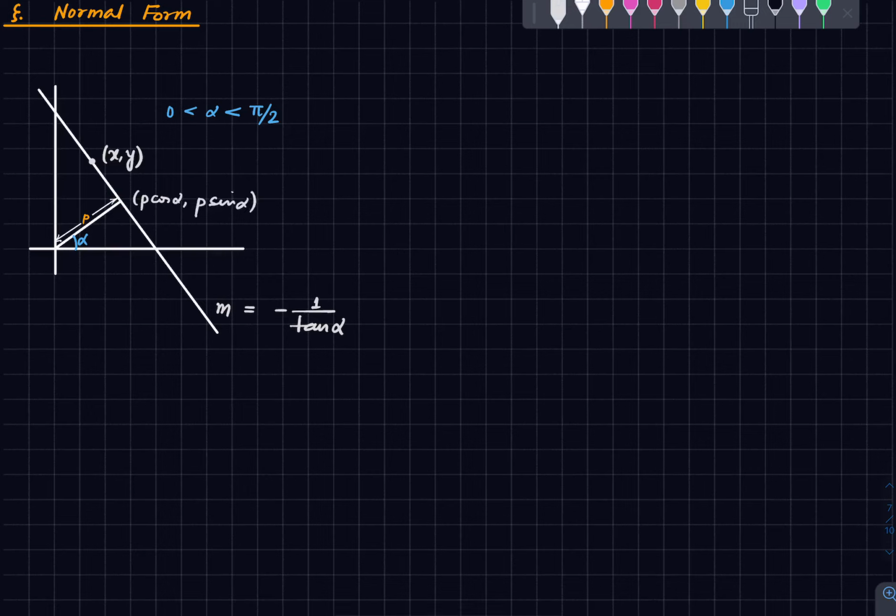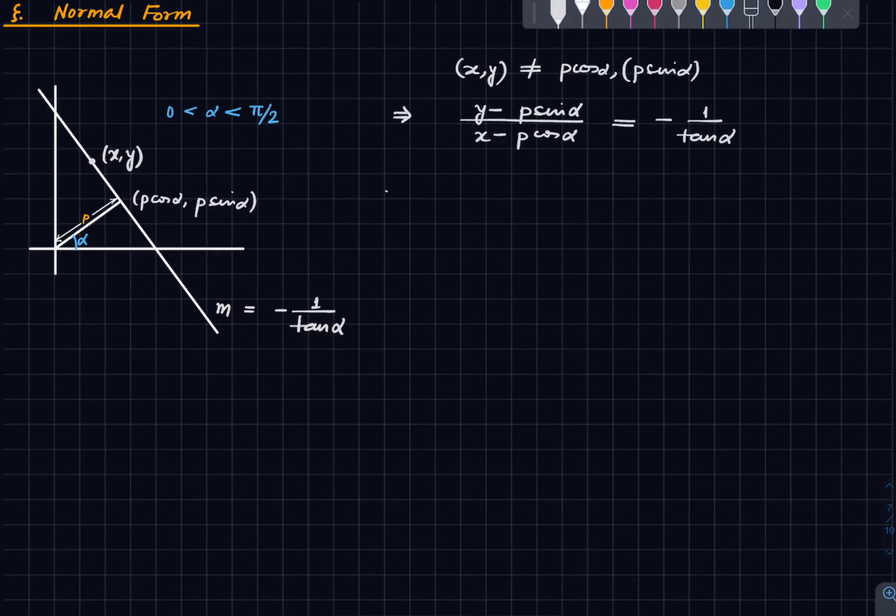And yeah, assuming this, and assuming that x comma y lies on the line, we have slope computed in two different ways. Right, and if you do the algebra, just plain simple algebra, what have I written?